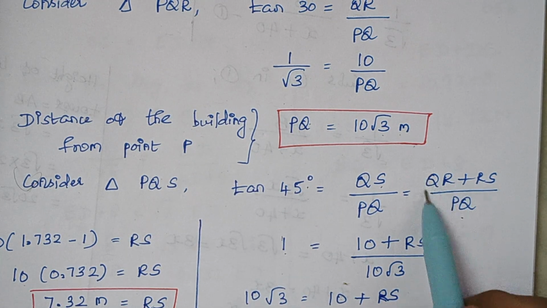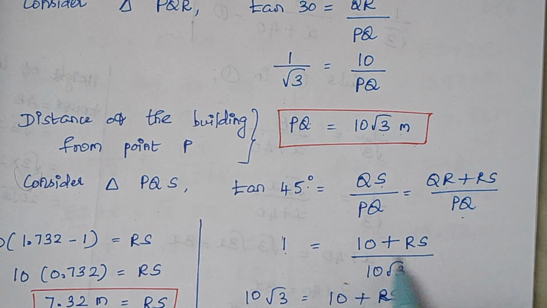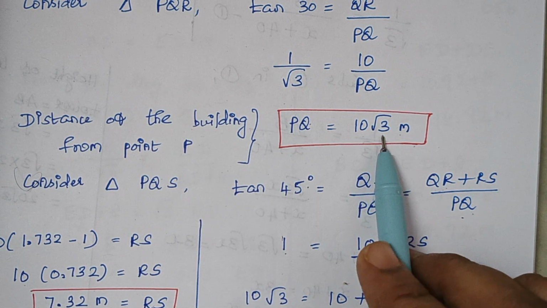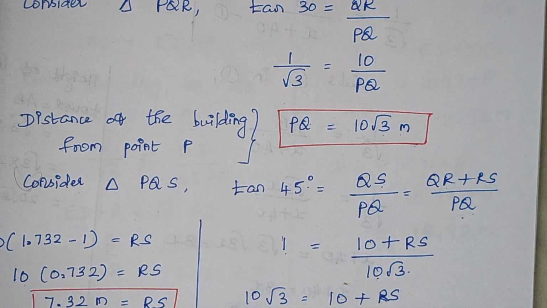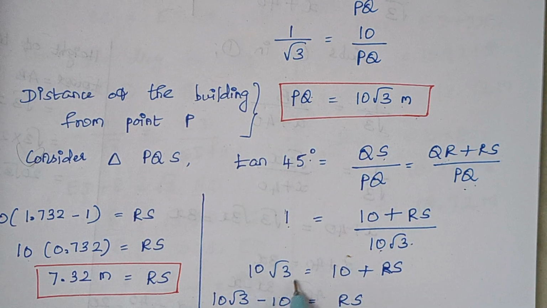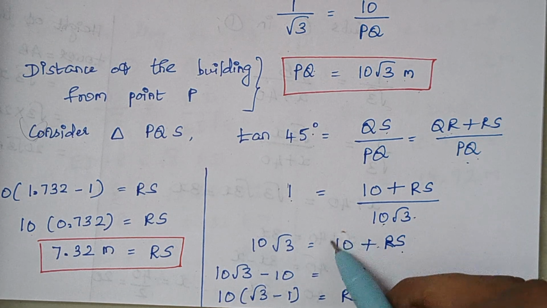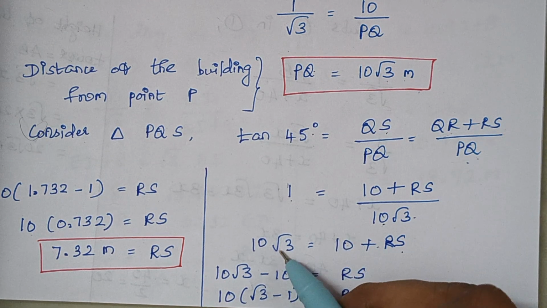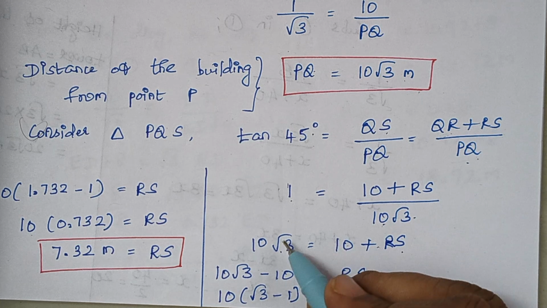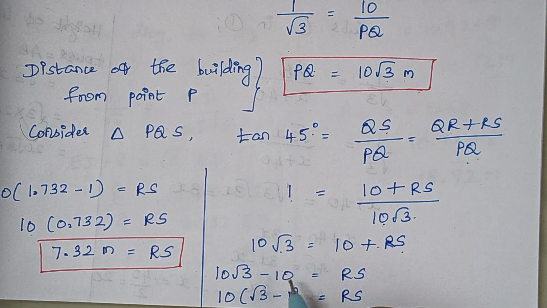Here the value of QR is 10 plus RS, divided by the value of PQ, which is 10 root 3, as we just calculated. So 1 multiplied by 10 root 3 becomes 10 root 3, which is equal to 10 plus RS. I need RS. Therefore RS is equal to, moving this 10 to the left hand side, plus 10 will become minus 10. So 10 root 3 minus 10.